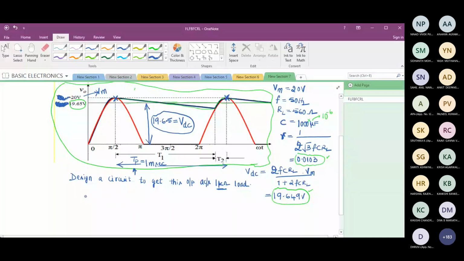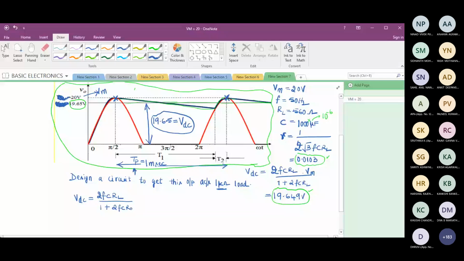Do you know what is the VDC formula? From the waveform, we can make out it is a half wave rectifier we are supposed to use. Is it full wave or half wave? Half wave. So VDC is 2FCRL divided by (2FCRL plus 1/2) into VM.